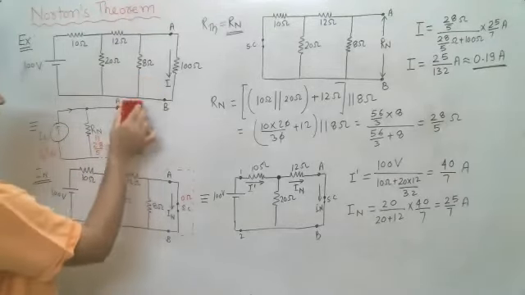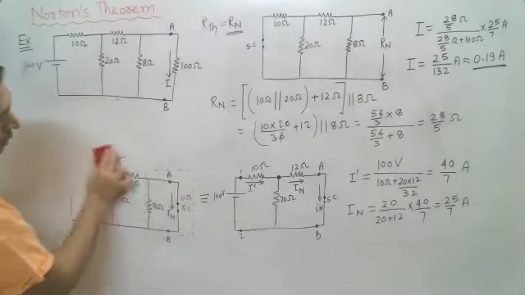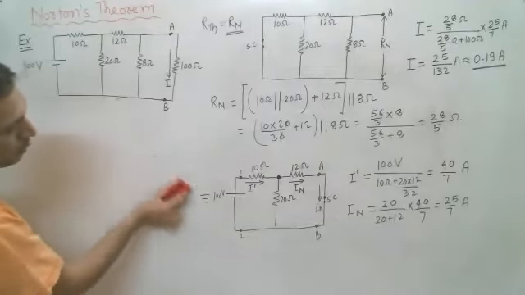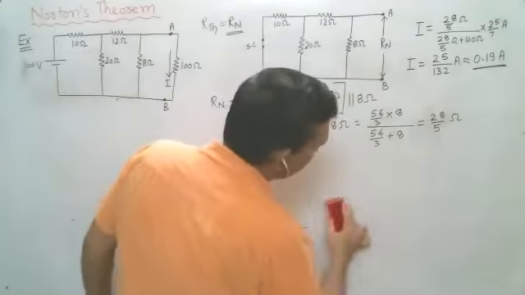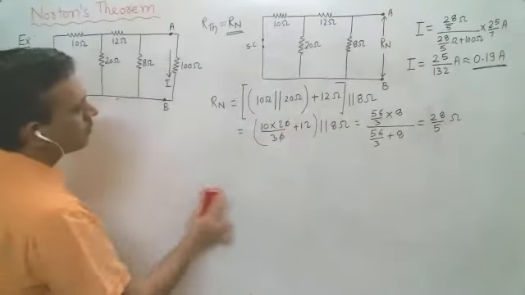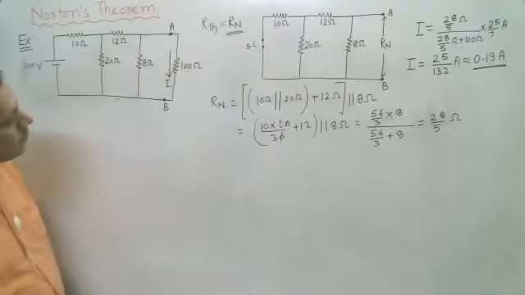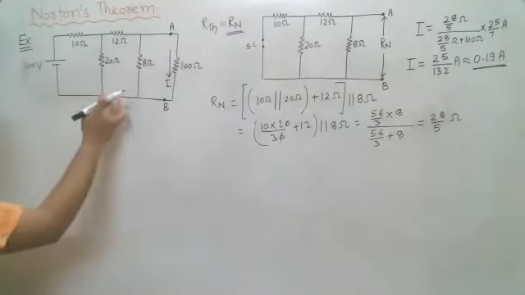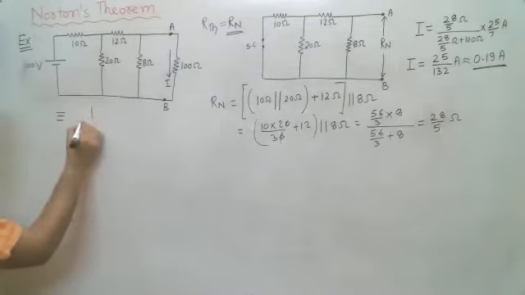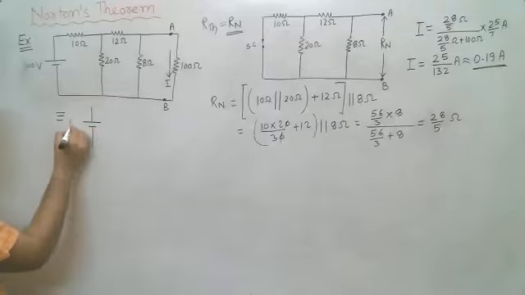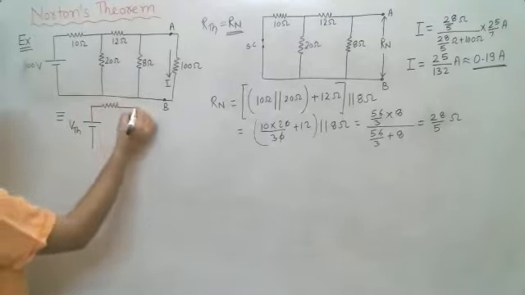Let us see same example using Thevenin's equivalent, how to convert 3-loop network into a single loop. So its Thevenin's equivalent across AB is, now you have to consider Vth and Rth here.